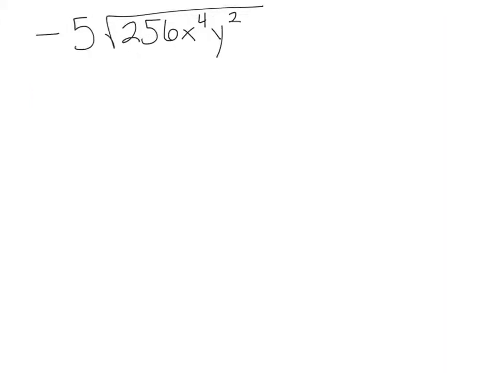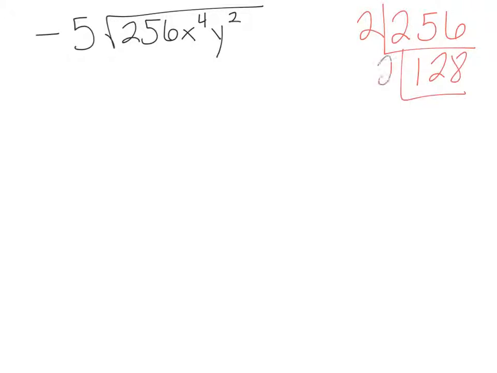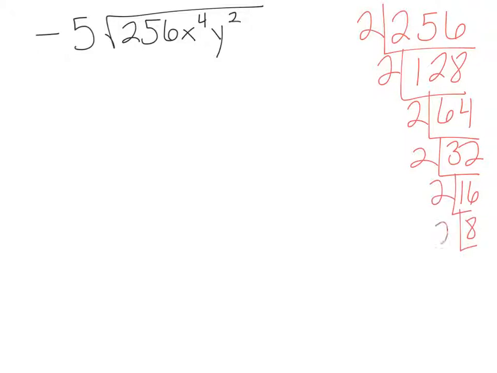Alright, 256. You may know what the square root is. I'll go ahead and show you with the prime factors. So you have 2 times 128, 2 times 64. 2 times 32, 2 times 16, 2 times 8, 2 times 4, 2 times 2.